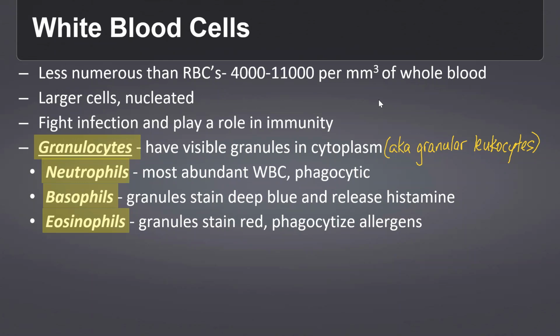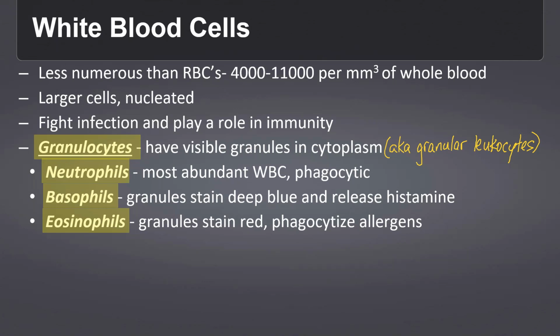Continuing onwards from granulocytes, there are neutrophils, basophils, and eosinophils. Neutrophils are the most abundant white blood cell, and they're phagocytic. They come into contact with a pathogen, like a virus or a bacteria, something your body should not have inside it, then go through phagocytosis and take it in and eat it.